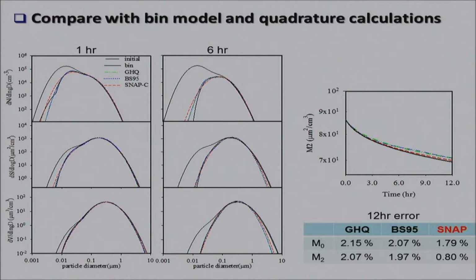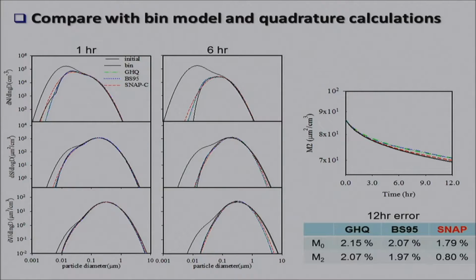Our scheme is a three-moment, multimodal scheme. From the moments, we can retrieve the size distribution. So this is the initial size distribution, and we let it evolve by Brownian coagulation. Different schemes seem to do a pretty good job, but you can still see some differences.